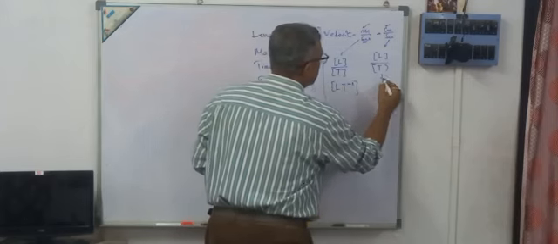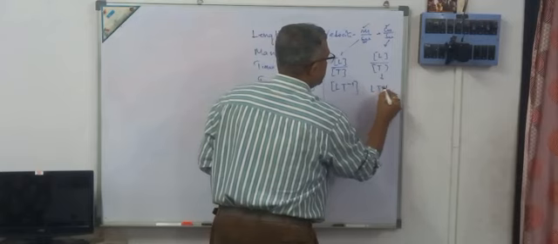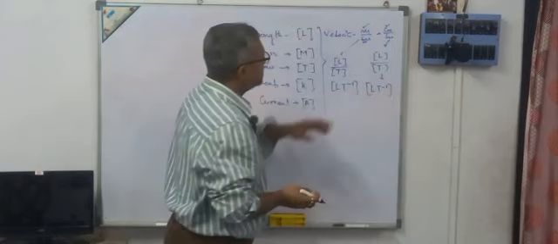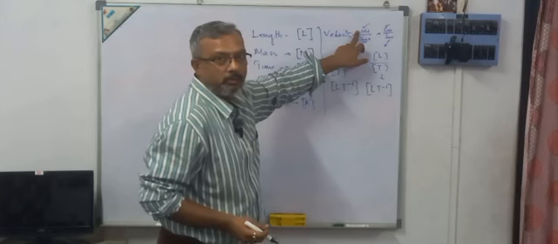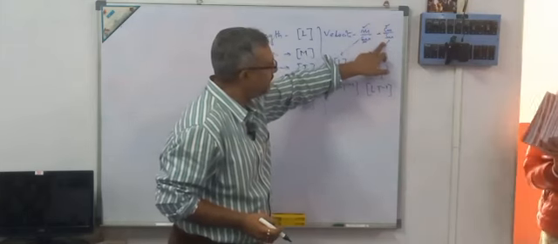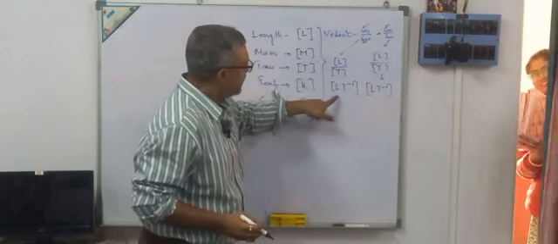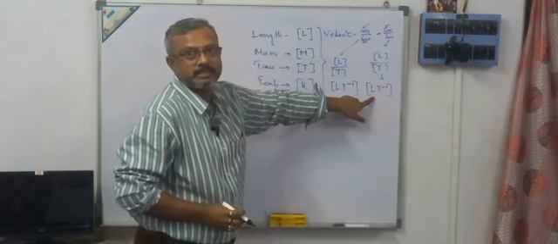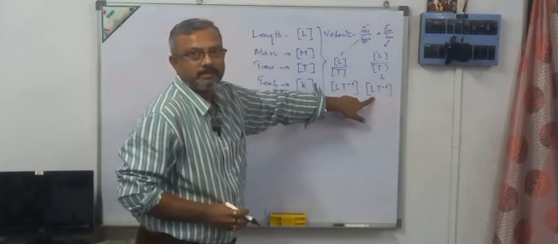For that part also you will get L T to the power minus 1. You can see in the SI system the unit is meter per second. In the CGS system the unit is centimeter per second. But the dimension is the same in both cases. Clear?